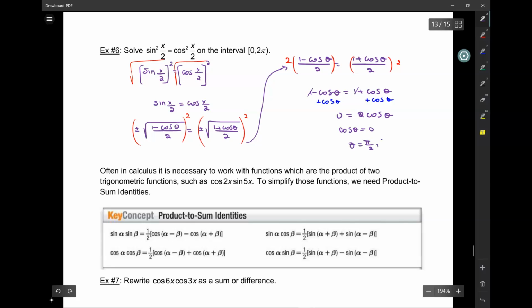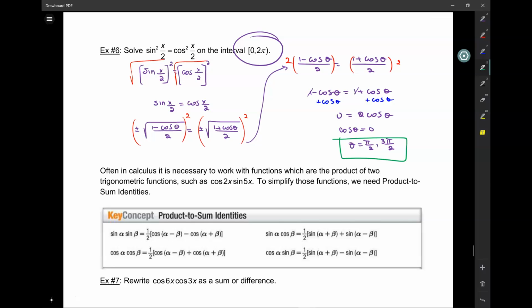Pi over 2, 3 pi over 2. And it says it's from 0 to 2 pi, so that's good enough. You see how everything just sort of falls into place? That is so cool.